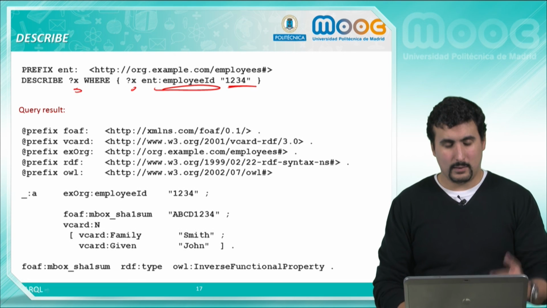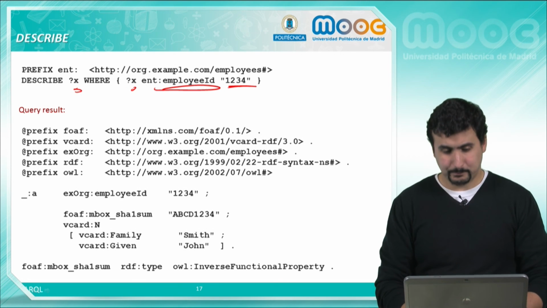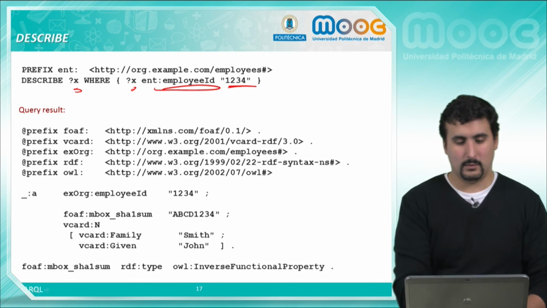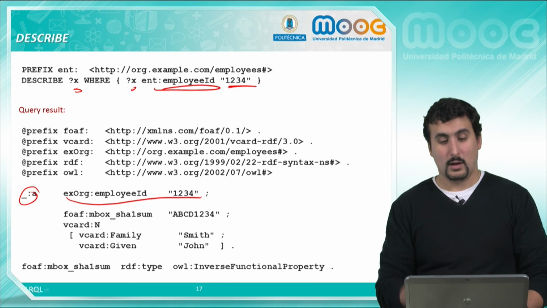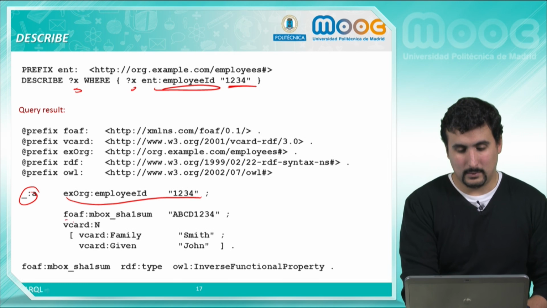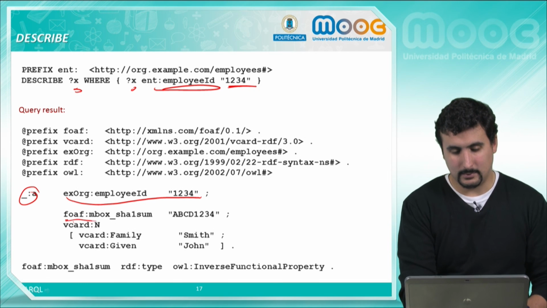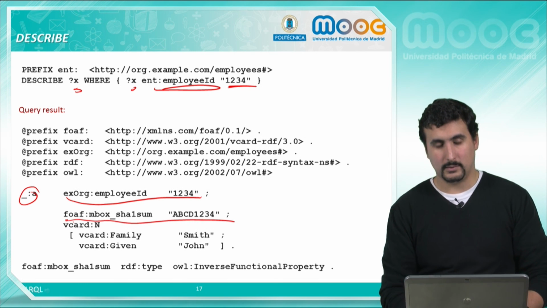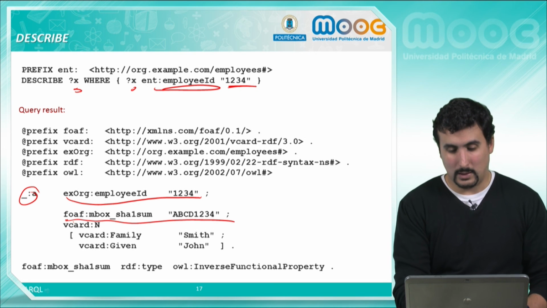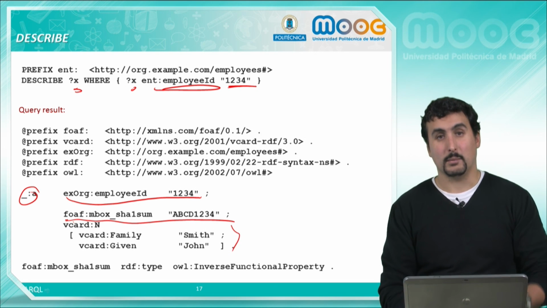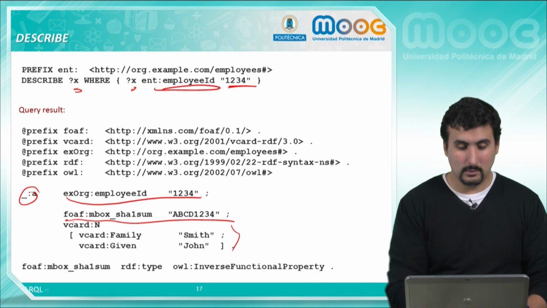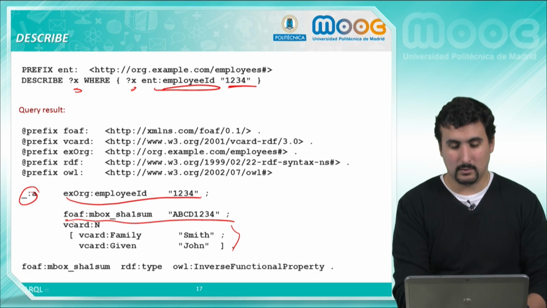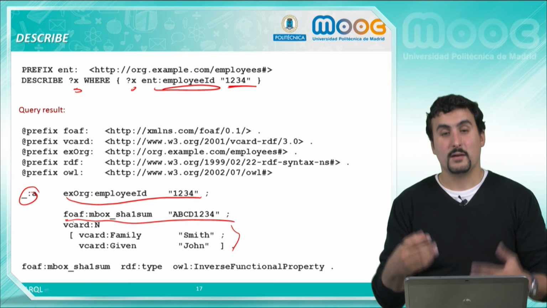With the DESCRIBE constructor, what we are getting is that, of course, there is an individual with that employee ID. Also, that employee has this mail signature, information about the employee name, and that this property, about the mailbox, is of RDF type owl InverseFunctionalProperty.